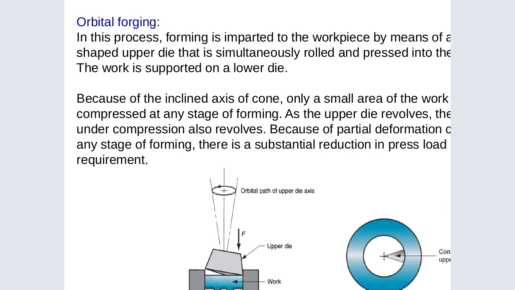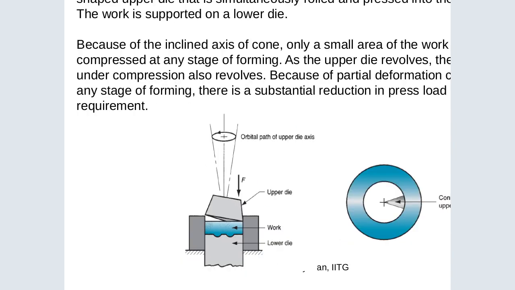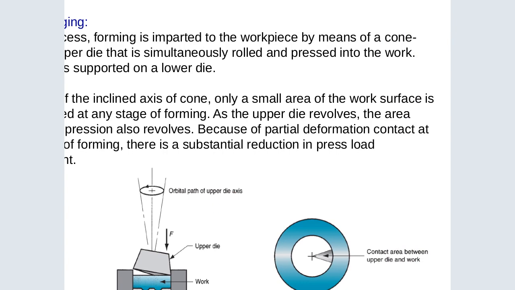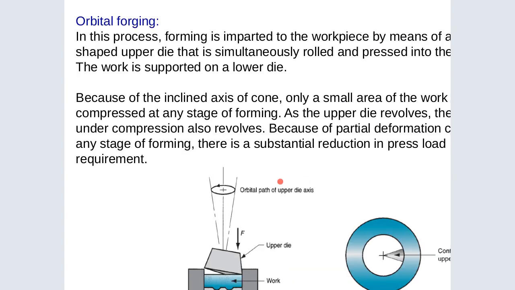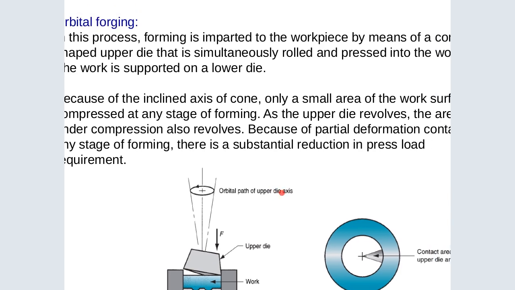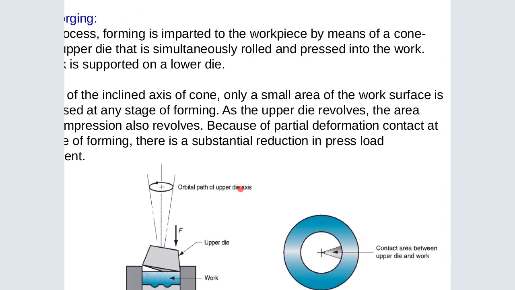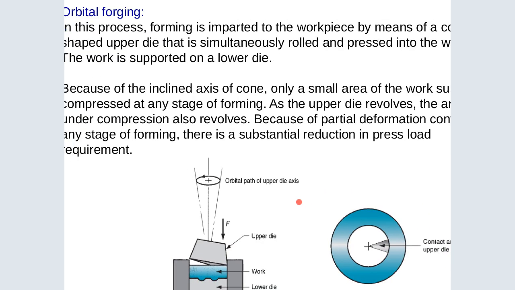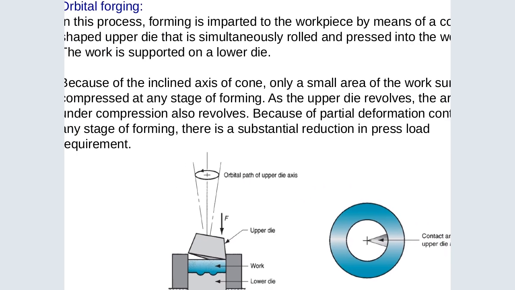We have the orbital forging. Orbital forging, now it rotates in an orbit, so you can see the orbit path. The upper die is being rotated or being tilted. Now you can see it's a forming process that is imparted to the workpiece by means of a cone shaped upper die that is simultaneously rolled and pressed into the work. The work is supported on the lower die.